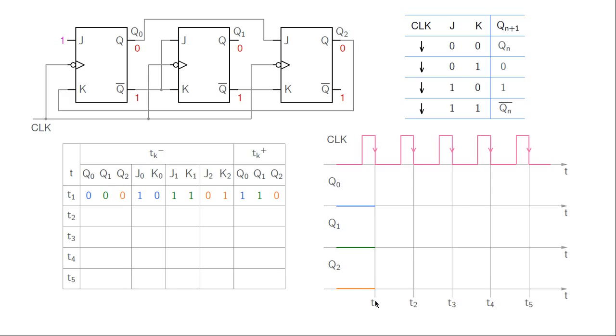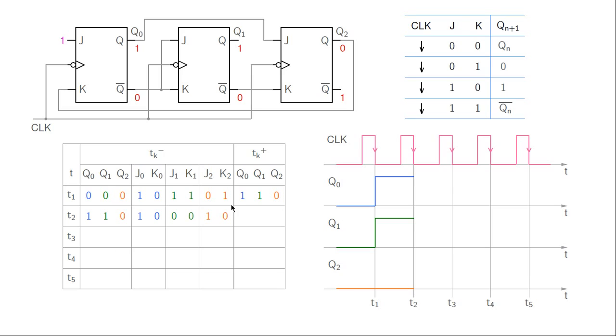And we know already that nothing is going to happen to Q0, Q1 or Q2 until the next active edge comes. That means between these two active edges no further change is going to happen, and therefore we can go ahead and plot these three values like that. So Q0 is 1, Q1 is 1, and Q2 is 0. Alright, now that brings us to t equal to t2.